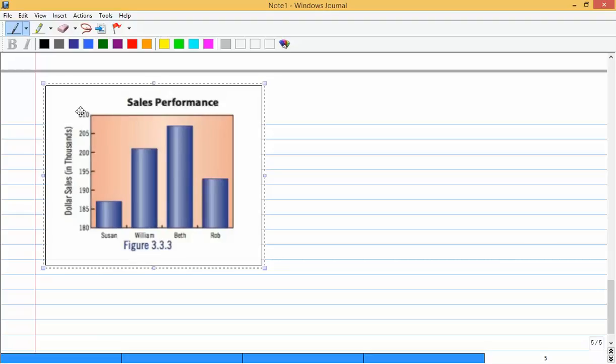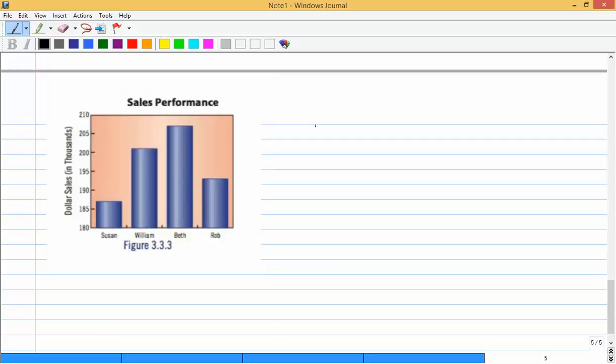So, let's think about that for just a second. Let's just guess that Susan sold about 187,500. That would be the midpoint between these two. And then Beth, if she sold the midpoint between these two values, that means she sold about 207,500.